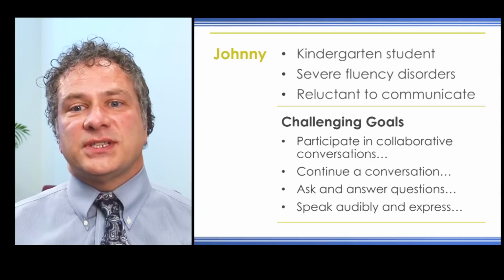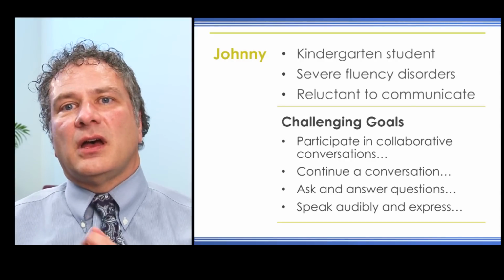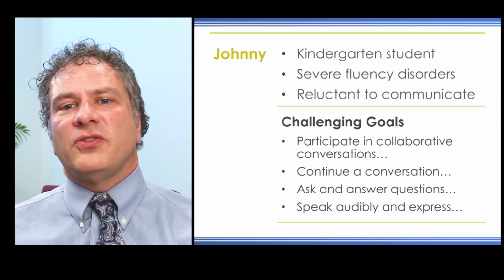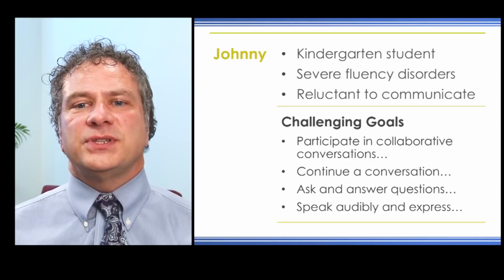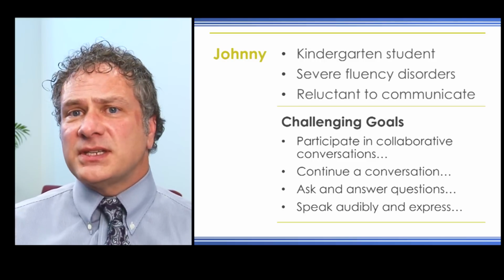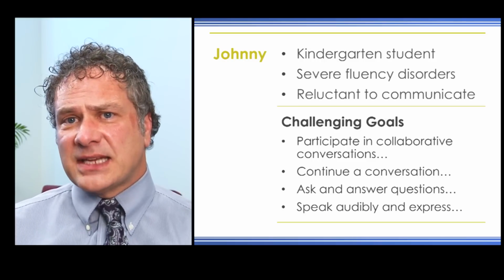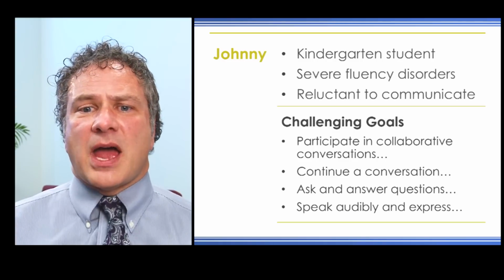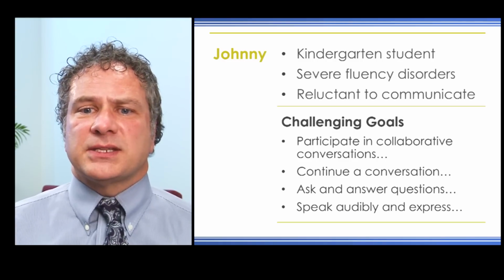My friend Rob Dellinger in the Wake County Schools provided me with this case study, and so I appreciate that. So this is a kindergarten student who exhibited all these different kinds of fluency disorders. He had some pauses, some facial grimaces that represented secondaries, some eyebrow movements, some blinks.